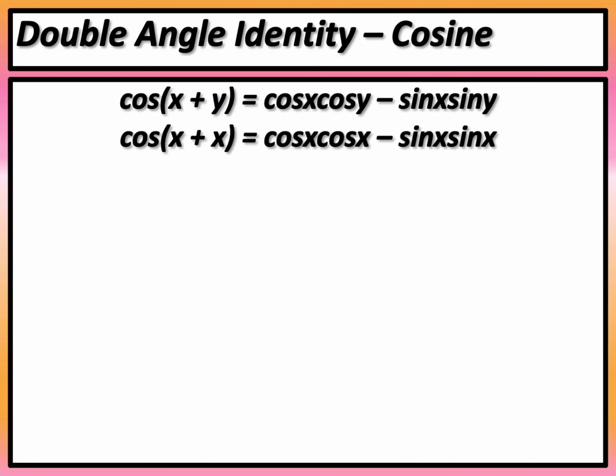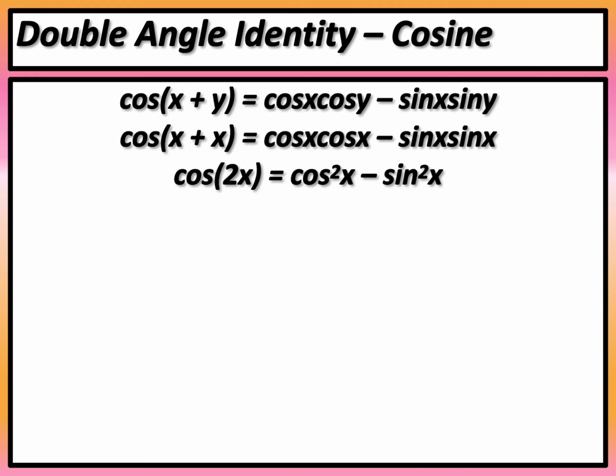And then last but not least, we take the sum of cosine and we end up originally with cosine squared minus sine squared. But we know that cosine squared and sine squared are a big part of the Pythagorean identities.